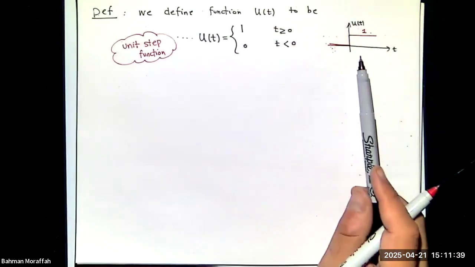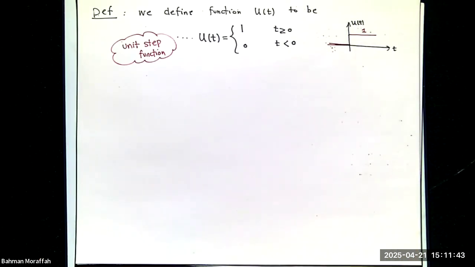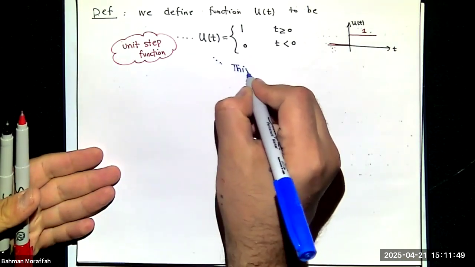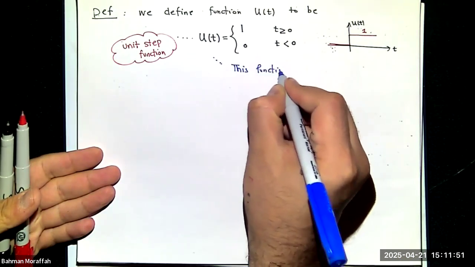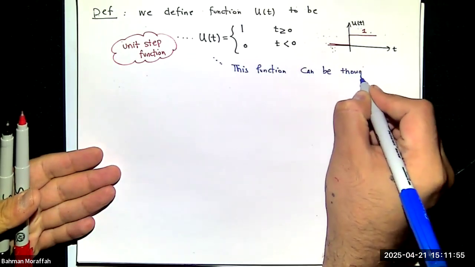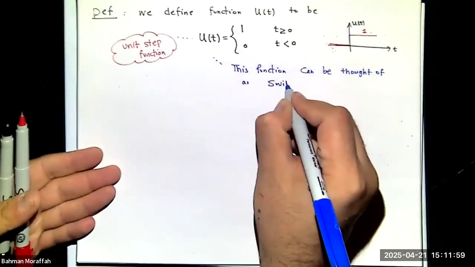And for times less than t naught, it was open, which is down here. So this function can be thought of as a switch.